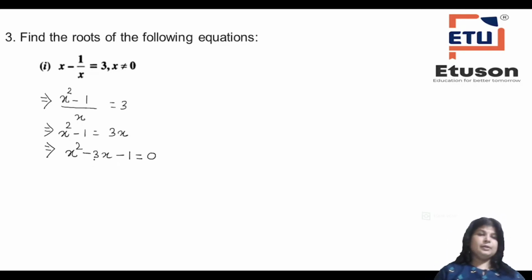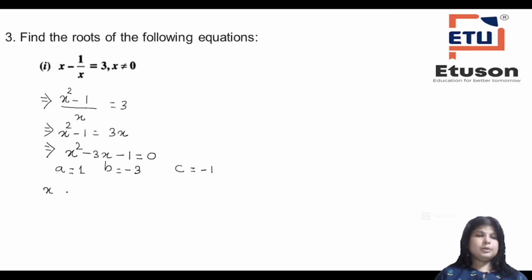X square minus 3x minus 1 is equal to 0. Okay. So now using your quadratic formula again. So let us write down a is equal to 1. B is equal to minus 3 and C is equal to minus 1.